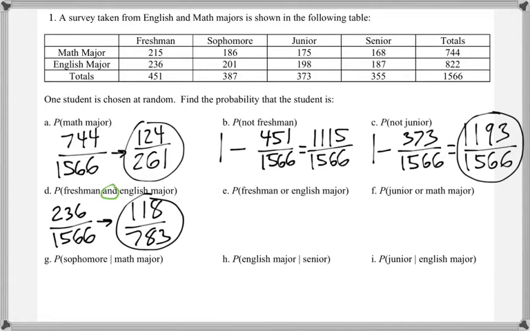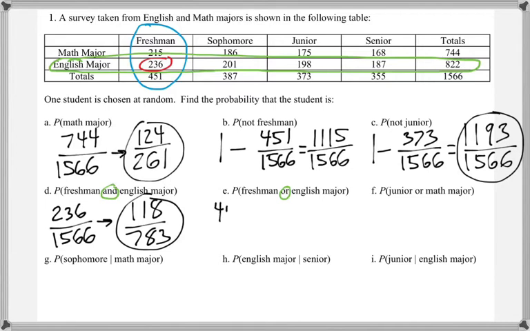Part E is freshman or English major. So there are 451 freshmen, 822 English majors, and 236 who are both freshmen and English majors.